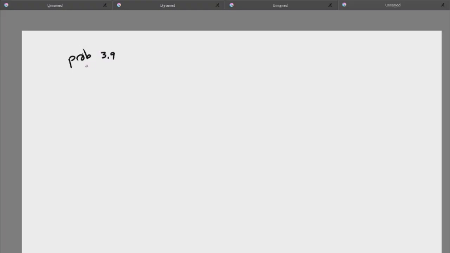There has to be something nice in 3.9. Yeah, number 2 is pretty good. Number 2 is pretty easy. There my function is, I'll just write 3x plus 1 because I like the x term first. And my interval is 2 to 4.